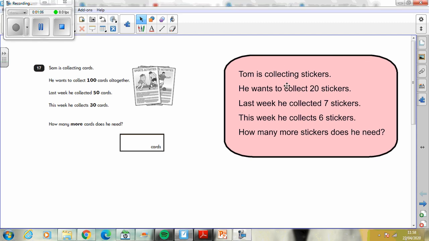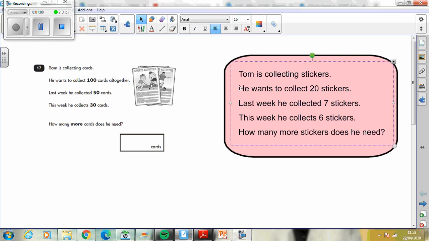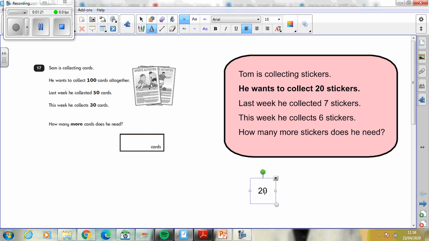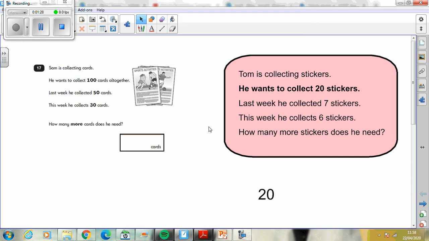So we know that he wants to collect 20. So we know that we've got to get to 20. So I'm going to put that information down here at the bottom of the screen. There we go. There's my 20.